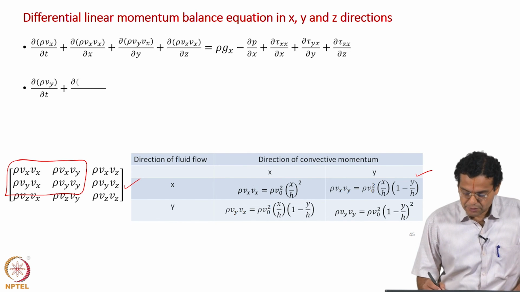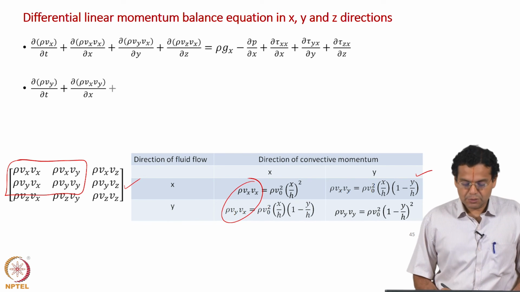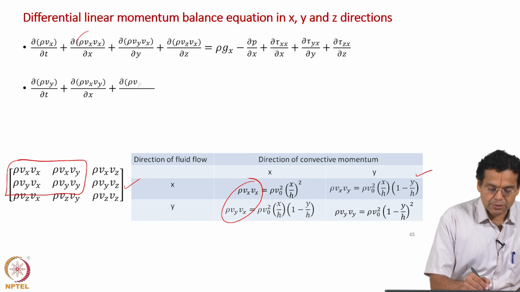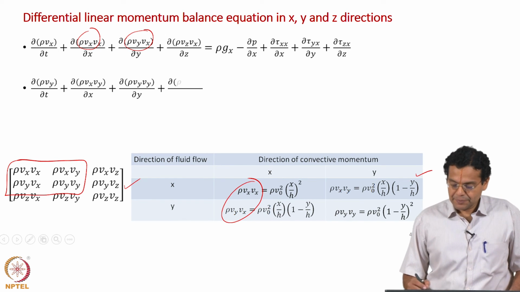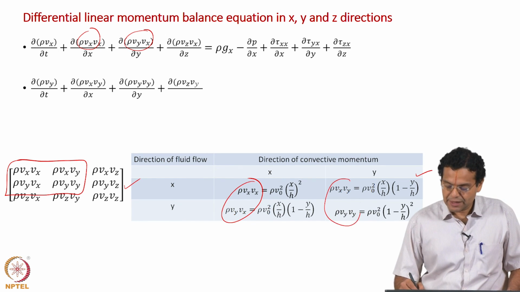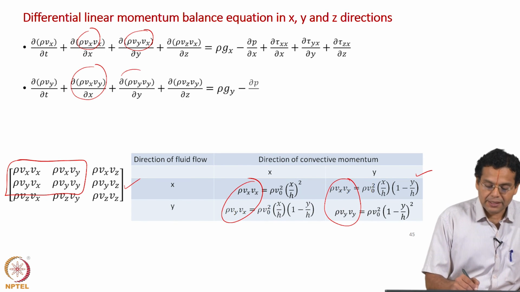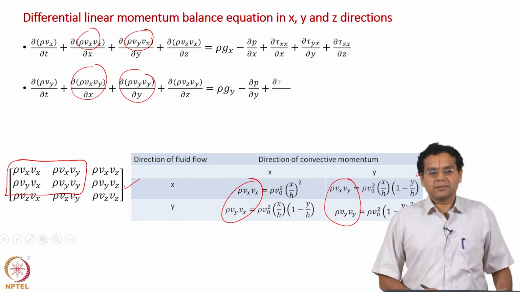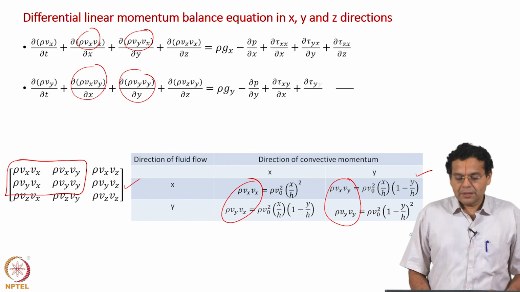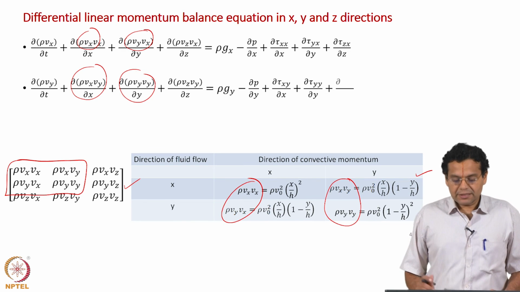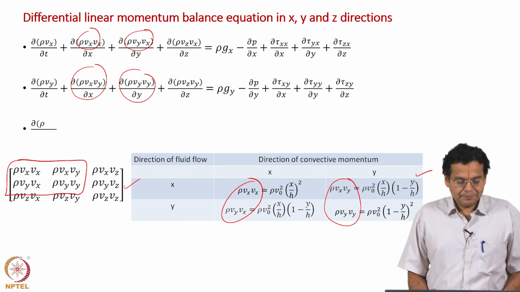These two appear as these two terms here, of course, not differentiated. And these two terms, rho Vx Vy and rho Vy Vy, as I told you, appear in the y momentum balance. So, this gives some idea of the components of the convective momentum flux tensor.